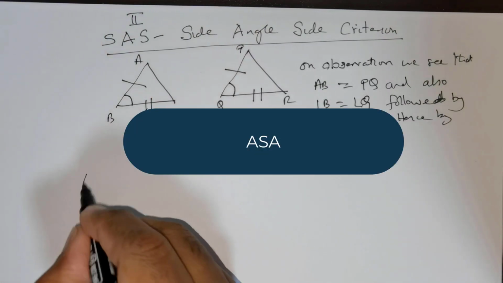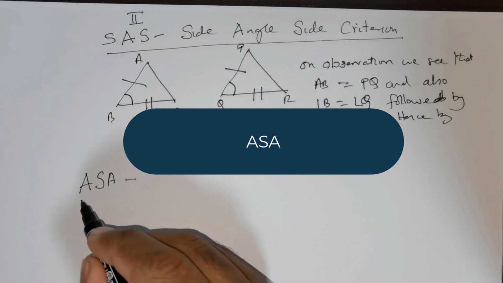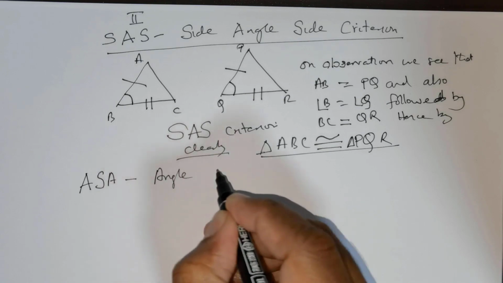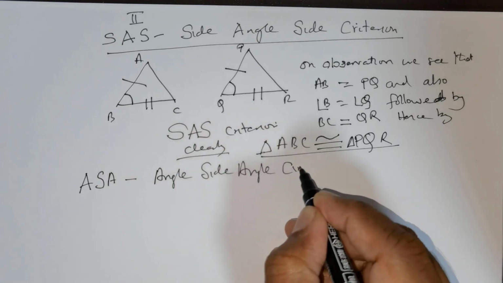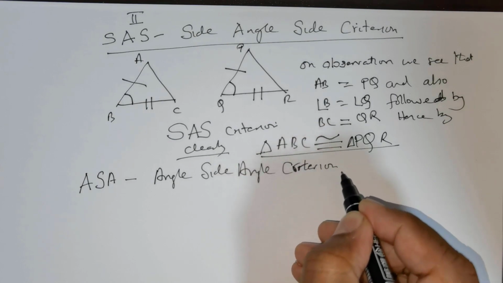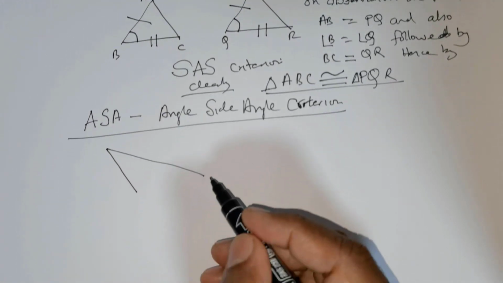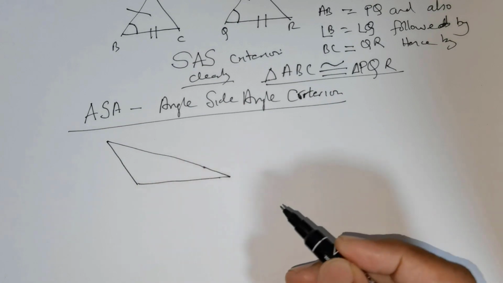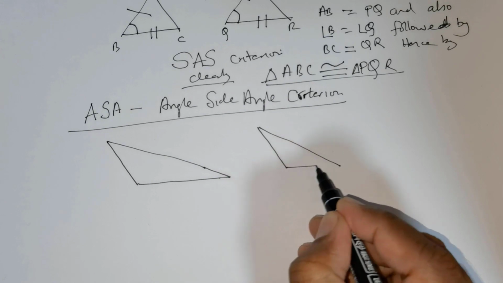Now the next criterion is ASA, also called the ASA criterion. This is nothing but the angle side angle criterion. So what does the criterion state? Suppose you have a triangle like this, and you got another triangle like this.